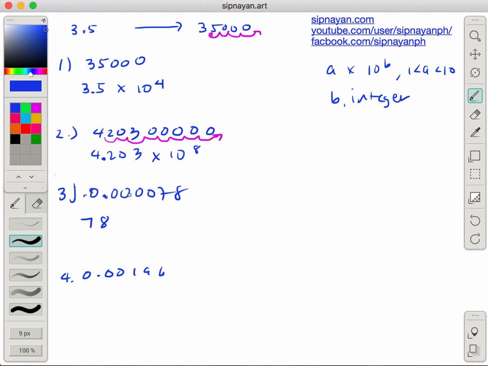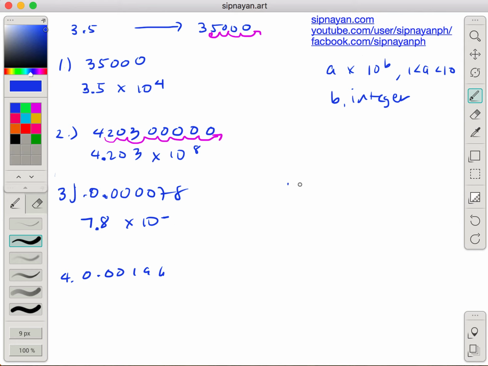Yung value ng a natin. And sabi natin, a is between 1 and 10. So, magiging 7.8 siya. So, laging 1 digit sa kaliwa ng decimal point para satisfy itong condition na to. And then, times 10. From 7.8, ginawa natin siyang 0.000078. Lumiit, obviously, so negative yung power natin.